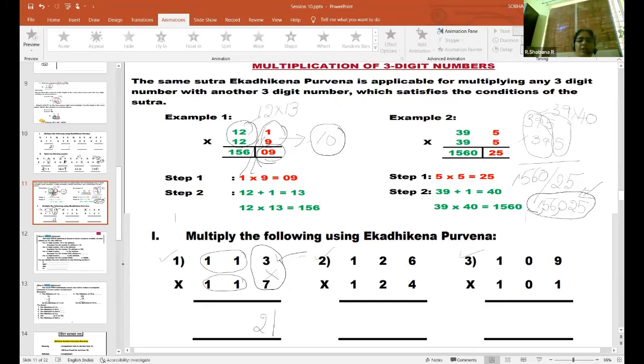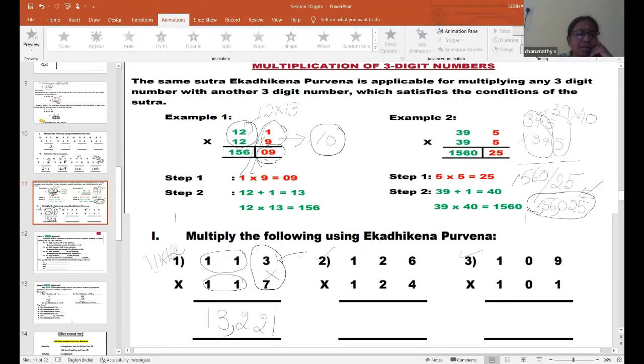Left on both sides is 11. So Ekadhikena Purvena: 11 into 1 more than 11, which is 12. How much is 11 into 12? It is 132. So the answer for 113 into 117 is 13,221.